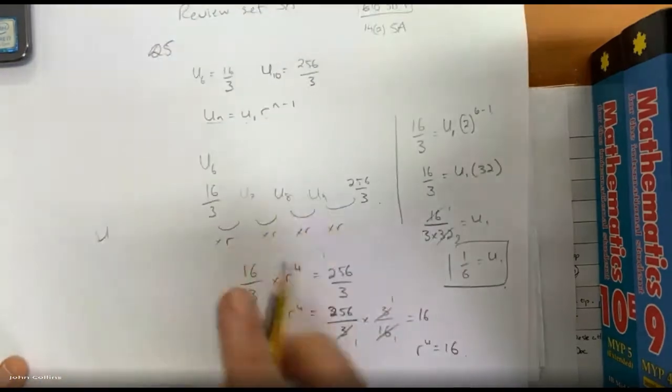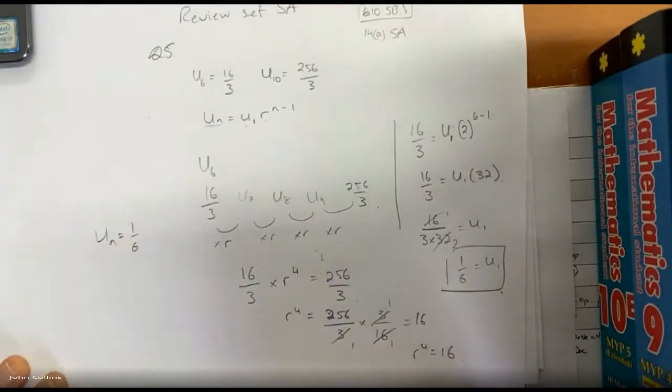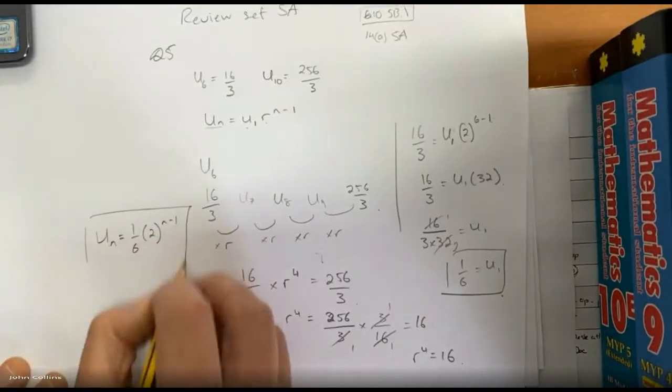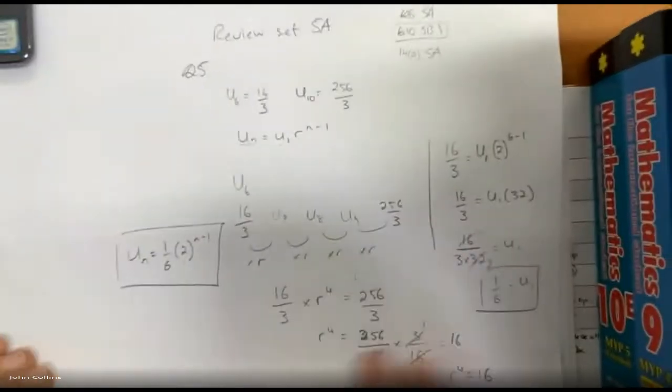But I think it's 1/6 anyway. The general term then, which is what the question asks, is the first term, 1/6, times the ratio, 2, to the power of n minus 1. So this is the answer here. We found the ratio to be 2, and we found the first term to be 1/6, and that's question 5.